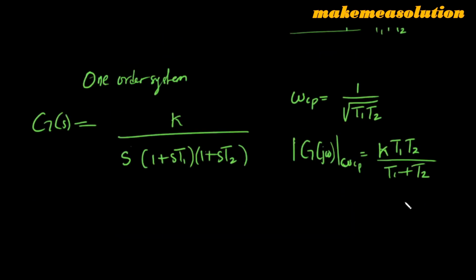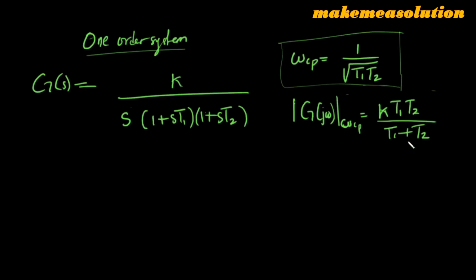So when you have a system like this, you have to memorize these two forms. For one order, memorize the phase crossover frequency, and you need to memorize your alpha value.